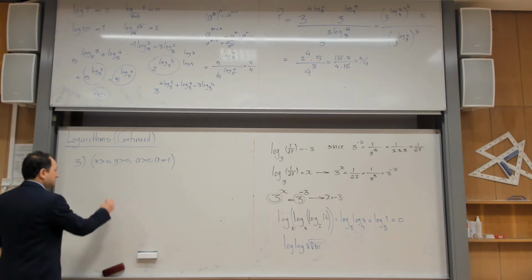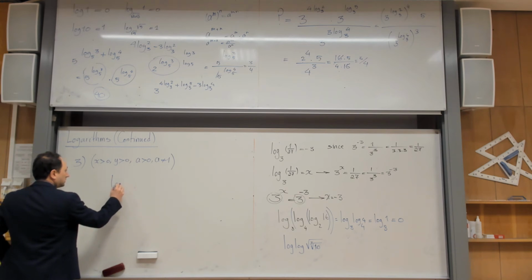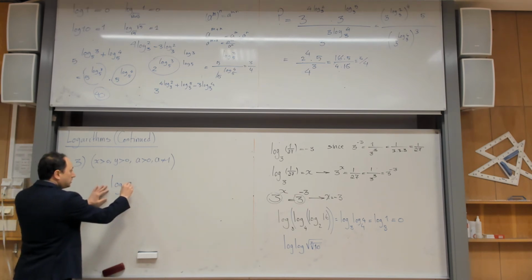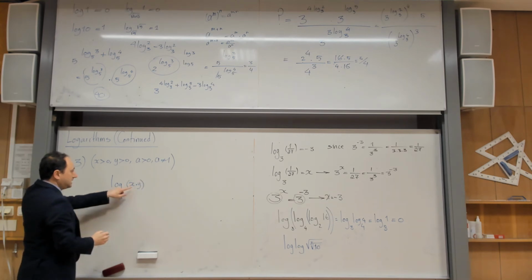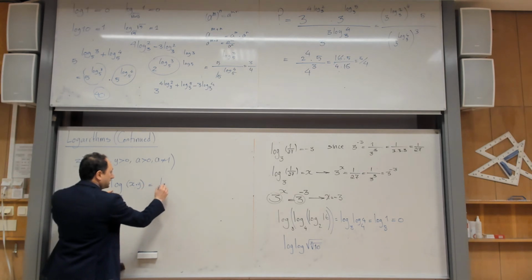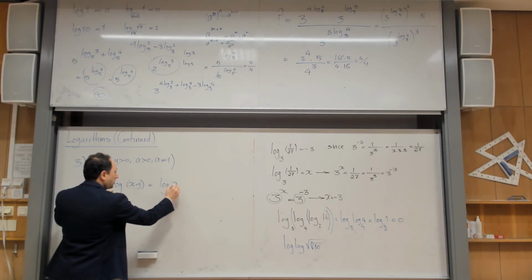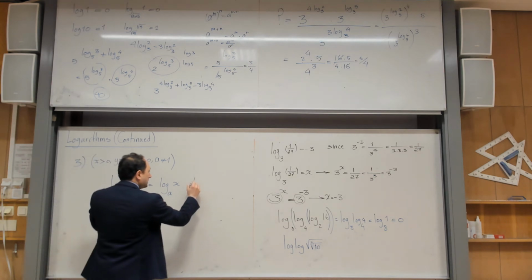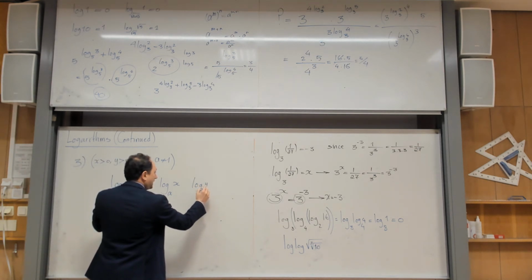It's very interesting that the log in base a, if I multiply these two numbers and calculate the log of the product in base a, I can do them separately. I can calculate the log of x in base a, and the log of y in base a.